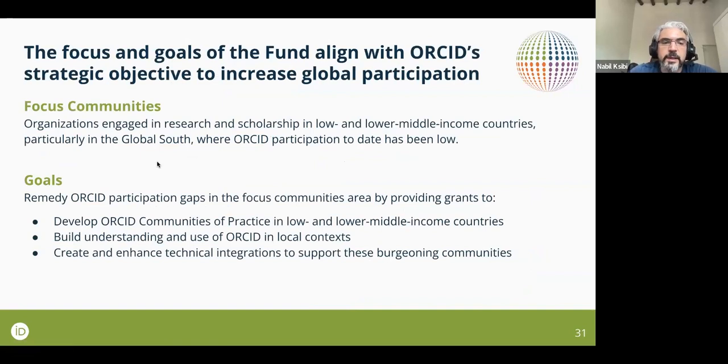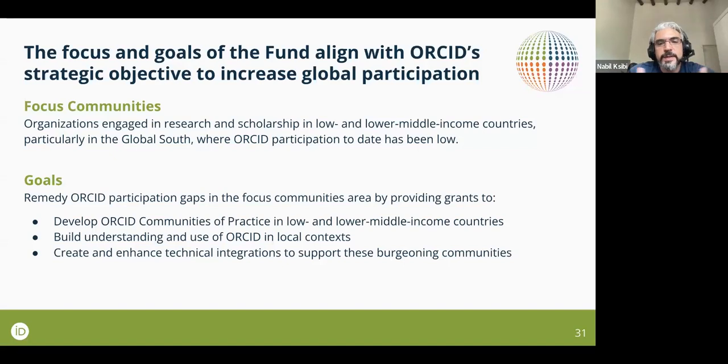Very briefly as well, why we want to focus on communities, and why we are offering this global participation for communities in low and lower-middle-income countries, is because we really want to increase ORCID participation, which is to date not very high in those regions.